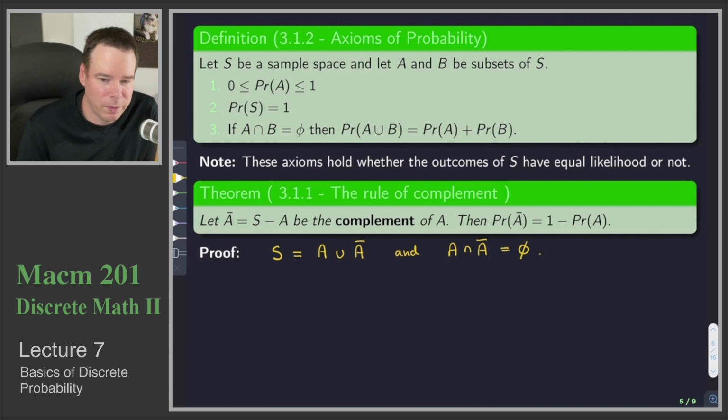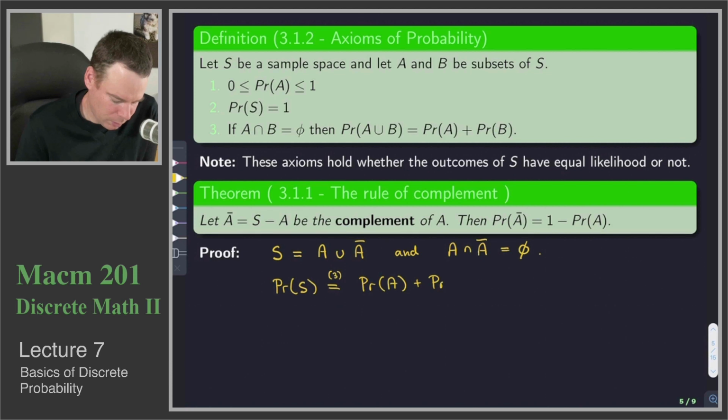These two facts, together with axiom 3 up above, tell us that the probability of S is equal to, by axiom 3, the probability of A plus the probability of the complement of A. That's because S was the union of those two. So I use axiom 3 to get this result.